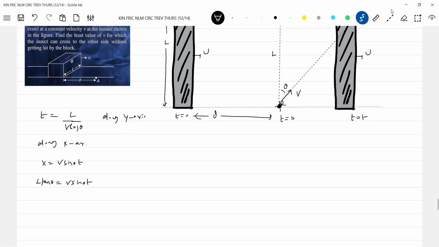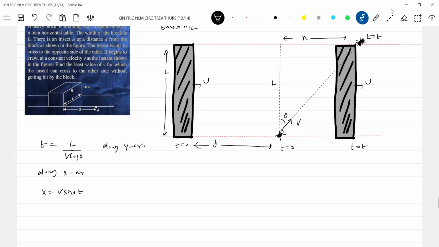I think the same thing will end up with the equation t equal to L by v cos theta. The distance moved by the block till this point is D plus x, and s is equal to u into t, where x is v sin theta into t.